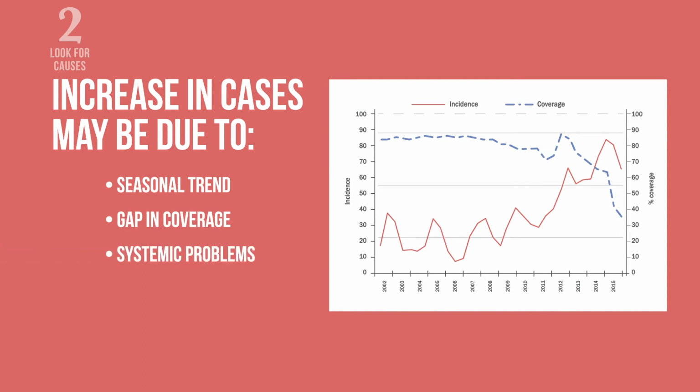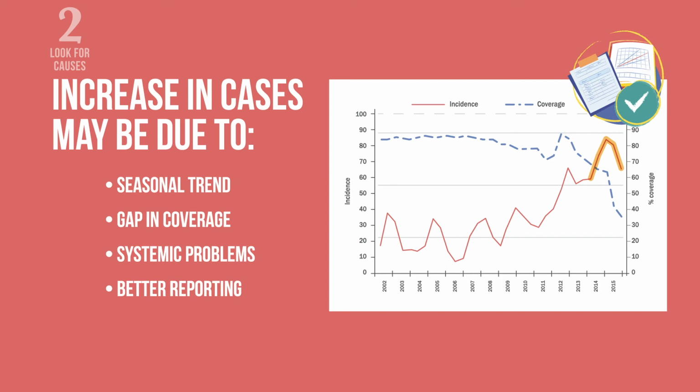This could reveal problems within the system, such as with the cold chain, vaccine supply, or immunization delivery. When looking for causes, also consider changes in your surveillance. Often, a rise in cases can be due to better reporting, such as the implementation of a new surveillance system or its increase in effectiveness.